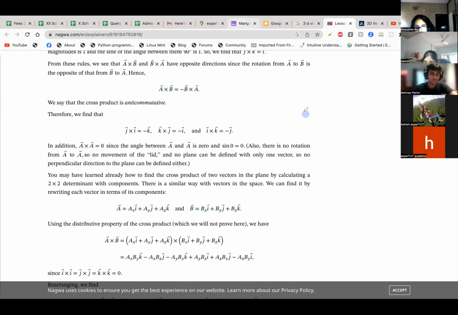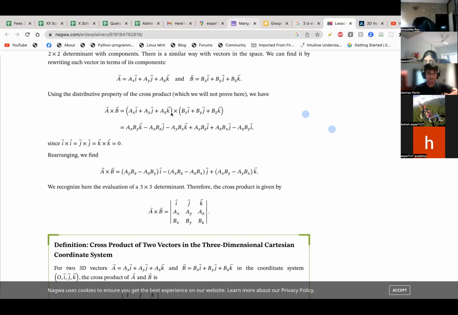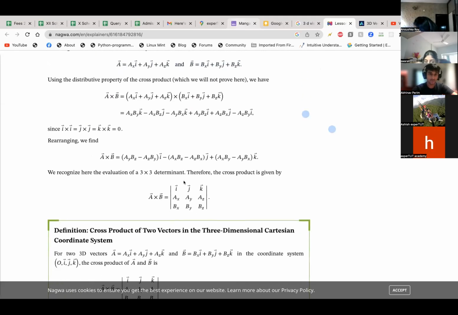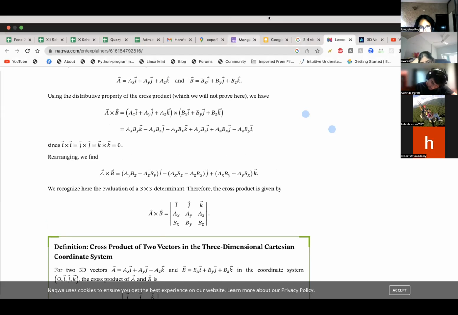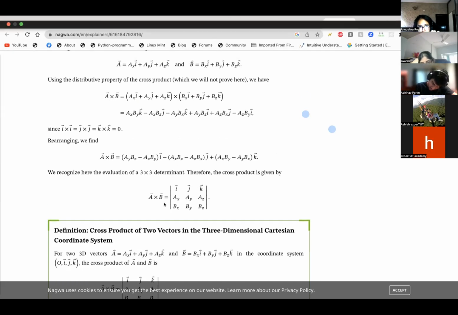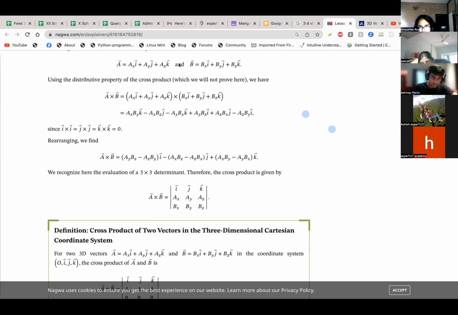And write A cross B is this, the thing which I'm hovering on. Clear?